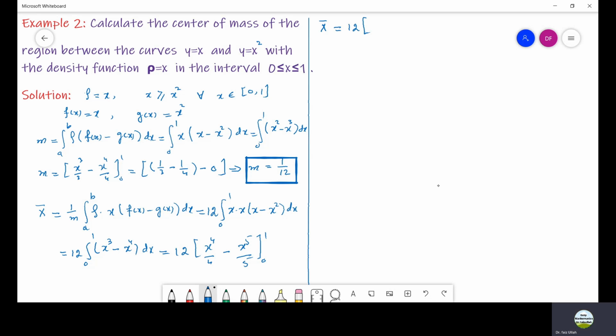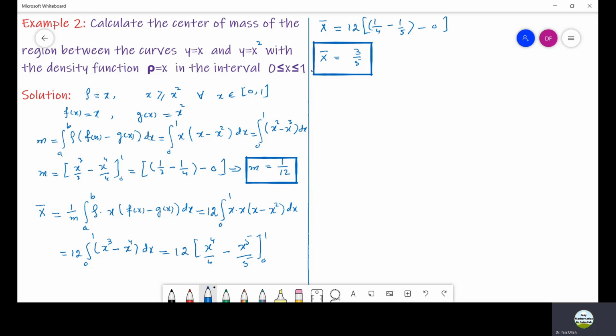If we use the upper limit, we have 1 over 4 minus 1 over 5. And if we use the lower limit, we get 0. So if we simplify this, we get x bar is equal to 3 by 5.